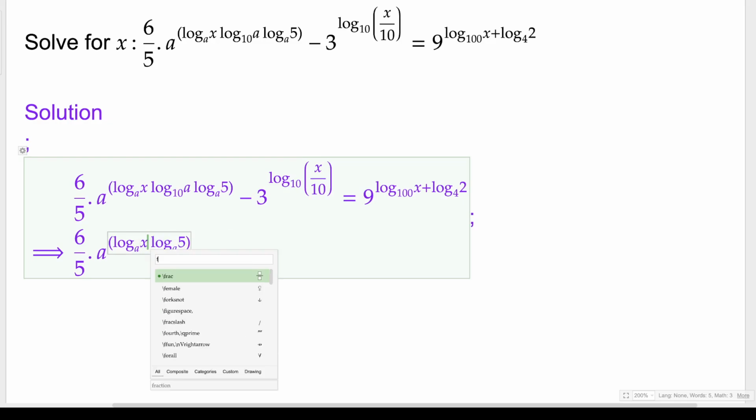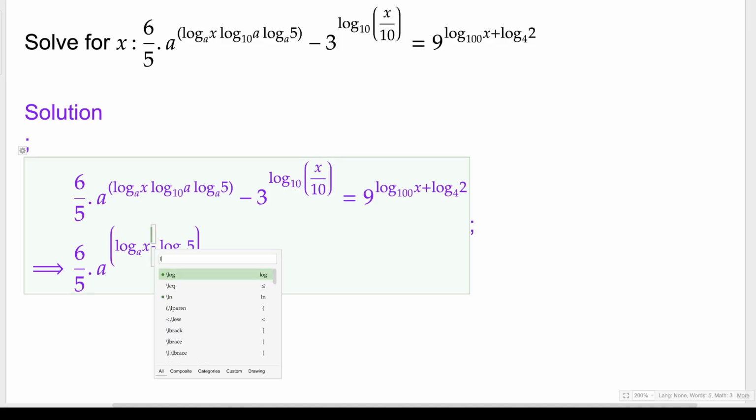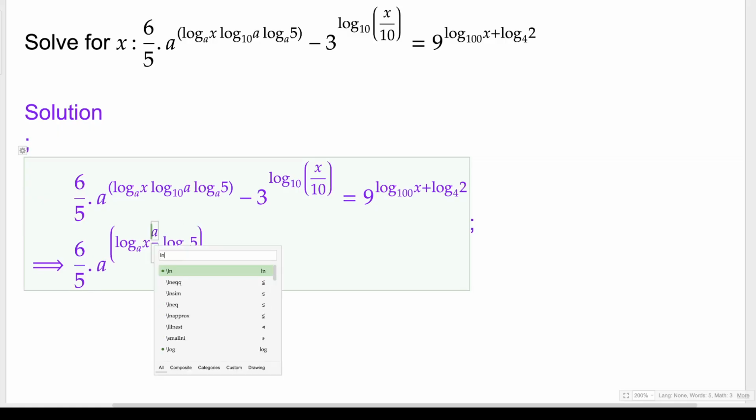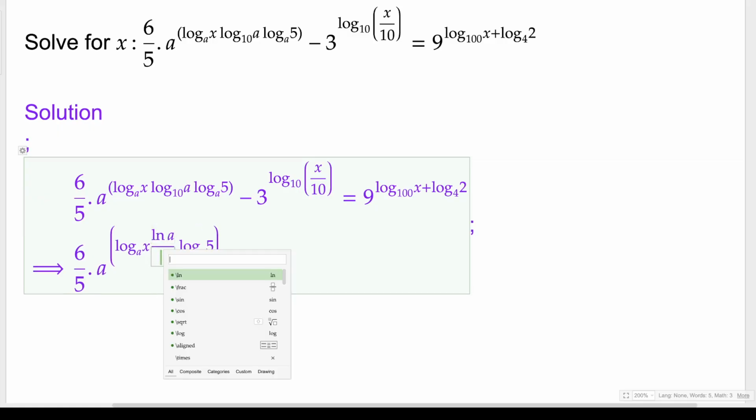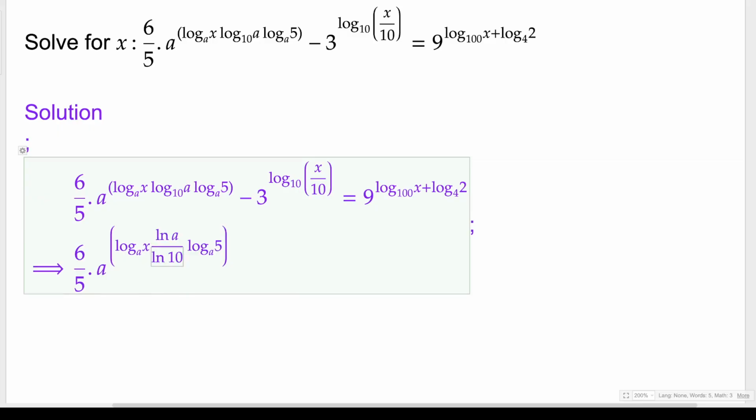So this can be written as log of the argument in the numerator, and instead of this log I'll take natural log of a over natural log of 10, right? Now why did I write this in place of log of argument a base 10?